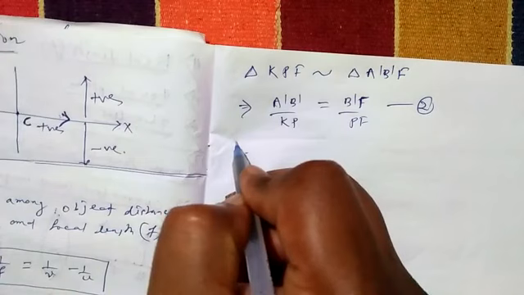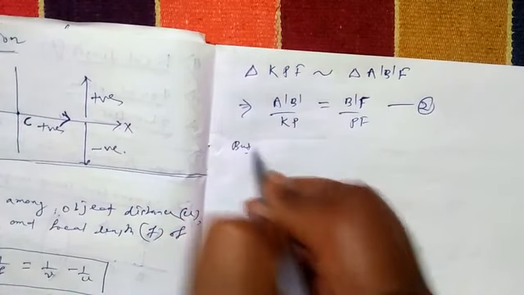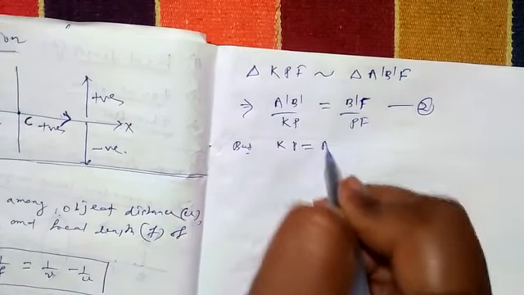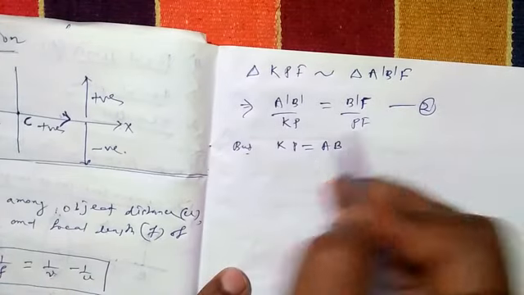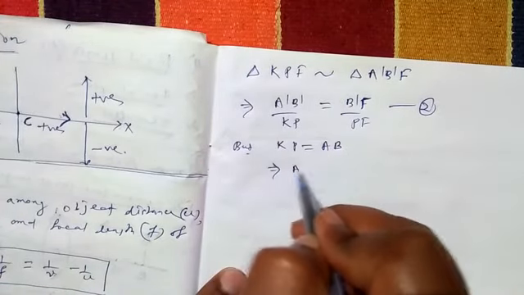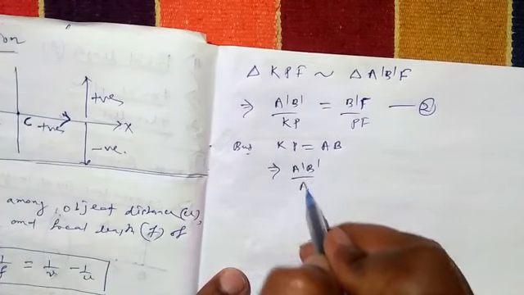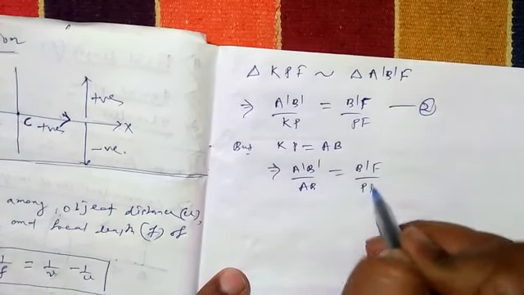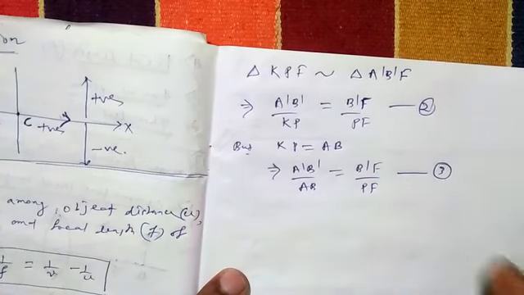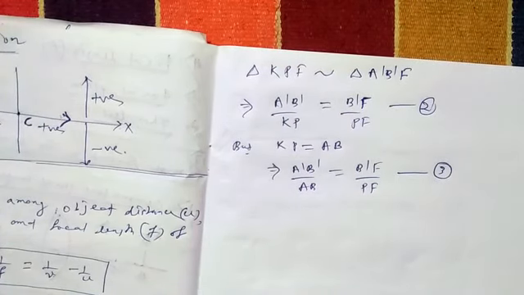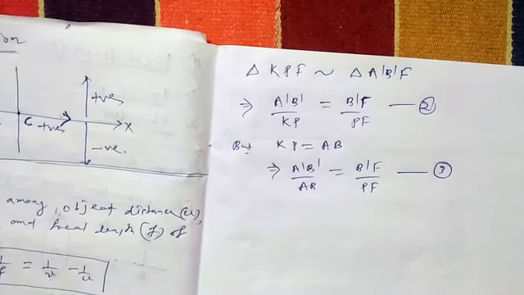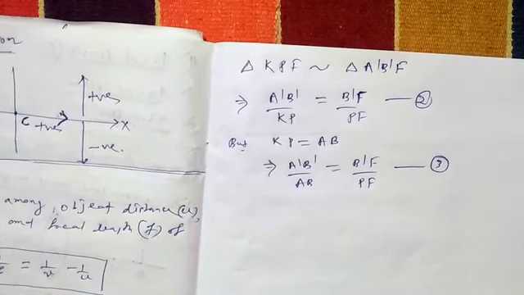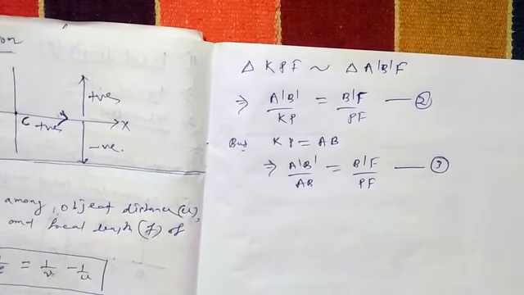But KP is equal to AB. So putting in equation number 2, we can write A dash B dash by AB is equal to B dash F by PF. Now equation number 1, A dash B dash by AB is equal to PB dash by PB, and equation number 3, A dash B dash by AB is equal to B dash F by PF.